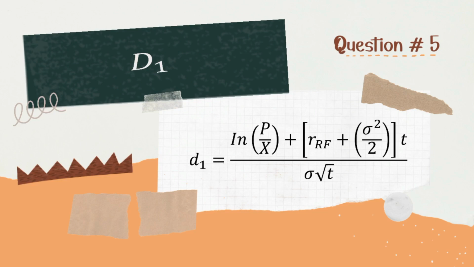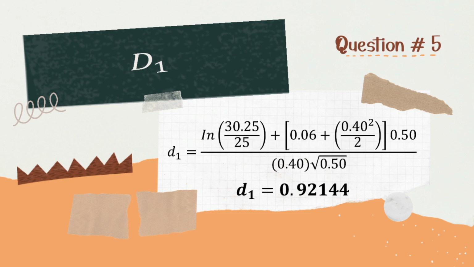So before getting the value of the option, we will get the d sub 1 and the d sub 2. In getting the d sub 1, we will use this formula: natural logarithm of P over X, or the stock price over strike price, plus the risk-free interest rate plus the quotient of standard deviation squared divided by 2, and then multiplied by the time or the option period, divided by standard deviation multiplied by the square root of time.